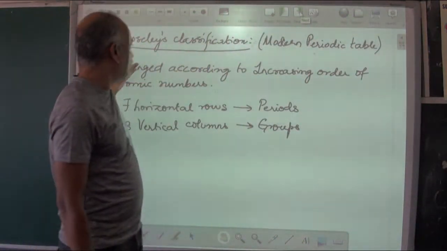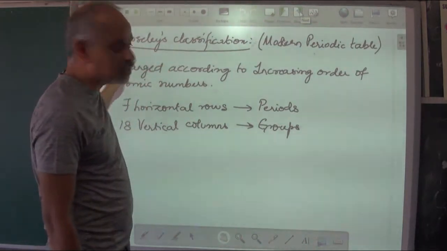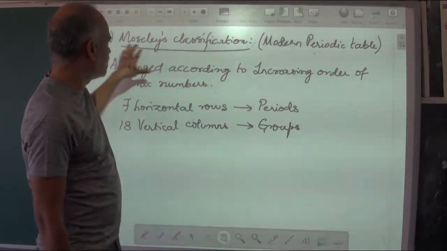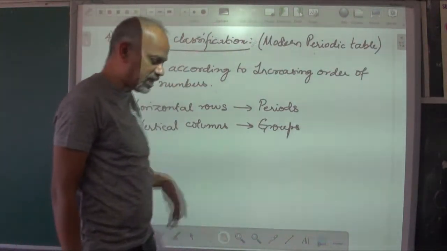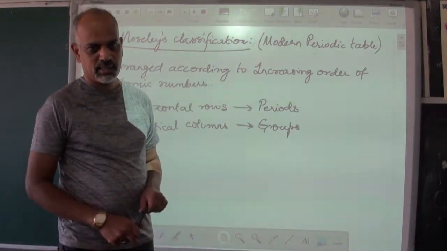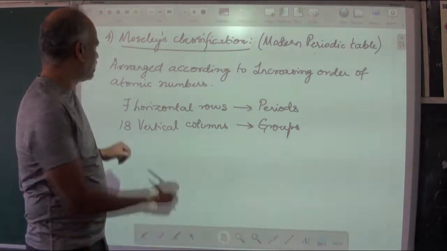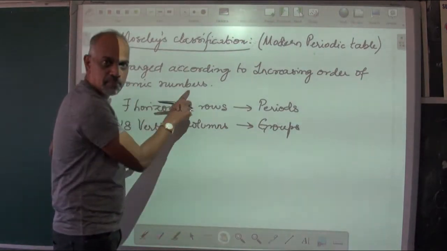The last person who introduced the modern periodic table was Moseley. So, Moseley's classification. In the previous three cases you saw that the arrangement was according to atomic weights. But Moseley arranged this periodic table according to the increasing order of atomic numbers.